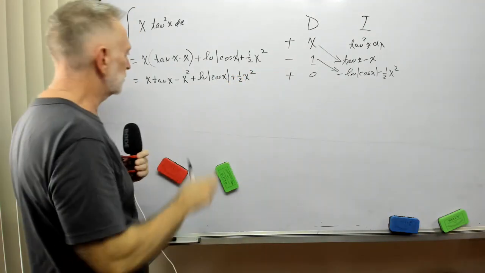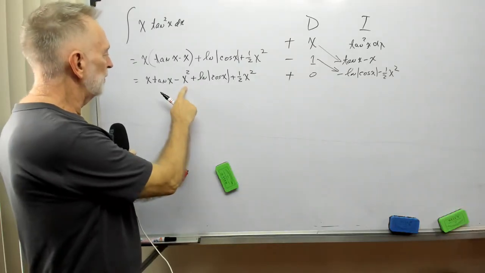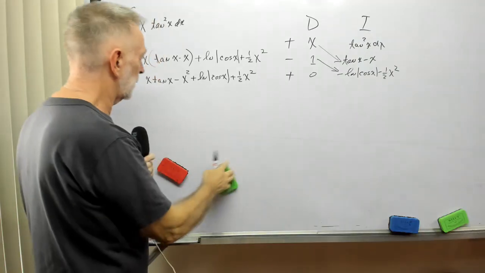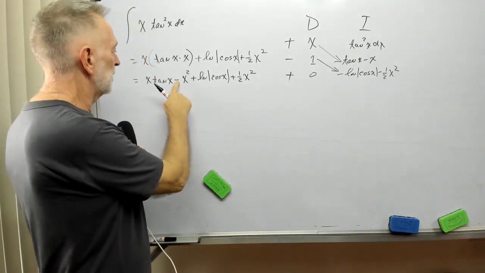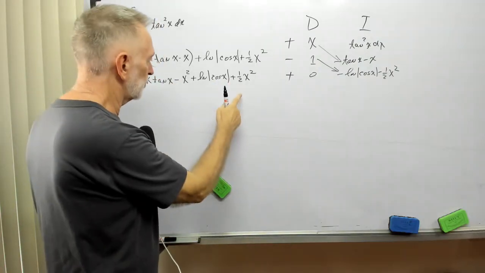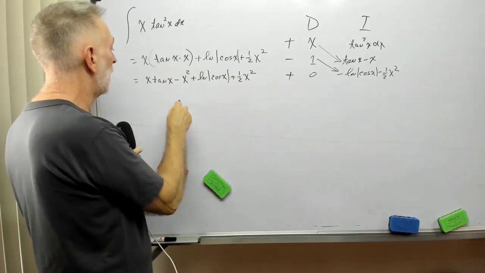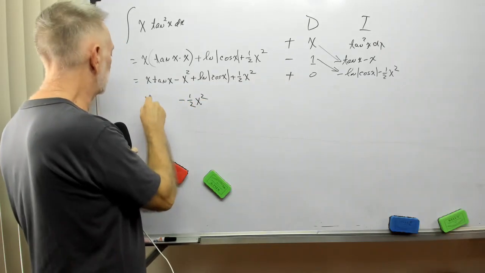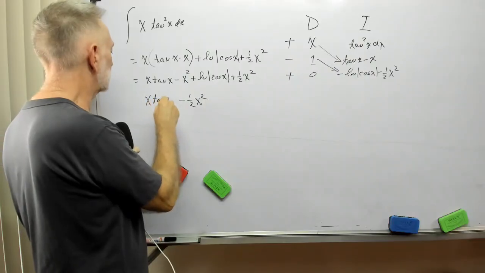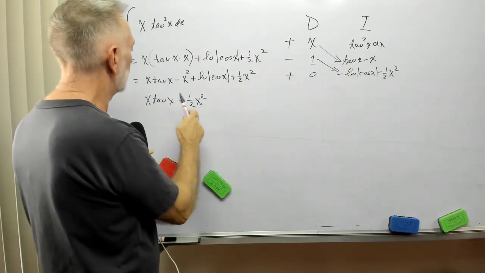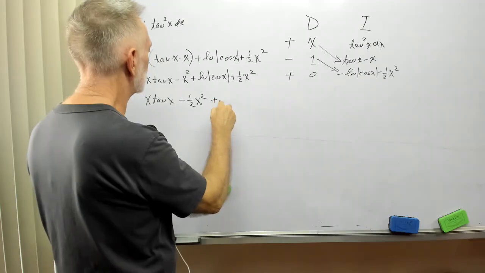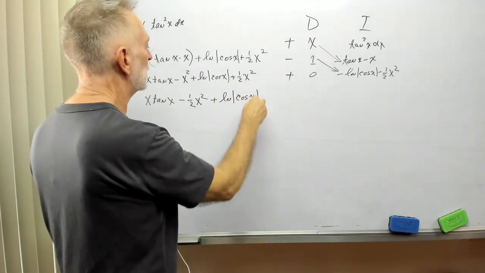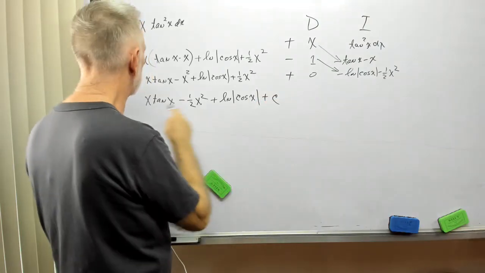I can combine some terms here. I have a minus x squared and plus 1/2 an x squared. Well, this is minus 2 over 2 plus 1 over 2, which gives me minus 1/2 x squared. So I end up with x tangent x minus 1/2 x squared plus natural log cosine x plus c.